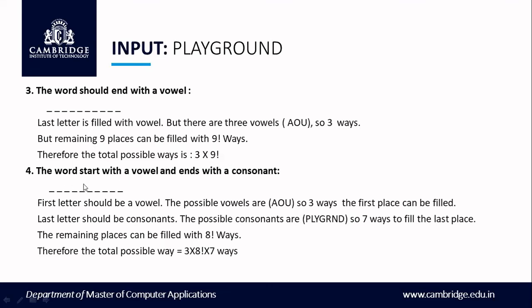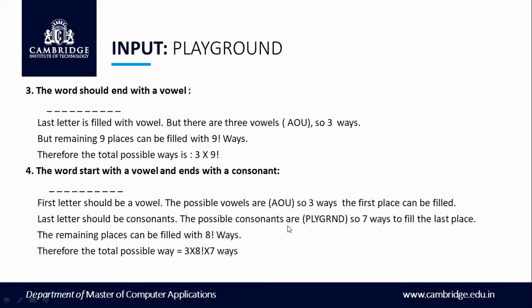Fourth question is the word starts with a vowel and ends with a consonant. So the first letter should be a vowel. Totally how many vowels do we have? The possible vowels are A, O, U. There are three possible ways to fill the first character. The last character should be a consonant.